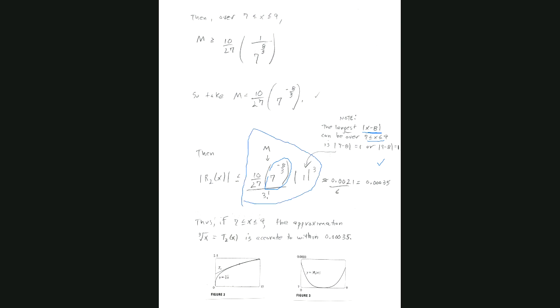So the bound on the error in approximating the cube root of x for x values from 7 to 9 using that 2nd degree Taylor polynomial is 0.00035. So if x is between 7 and 9, the 2nd degree Taylor polynomial T2 of x will approximate the cube root of x within 0.00035.